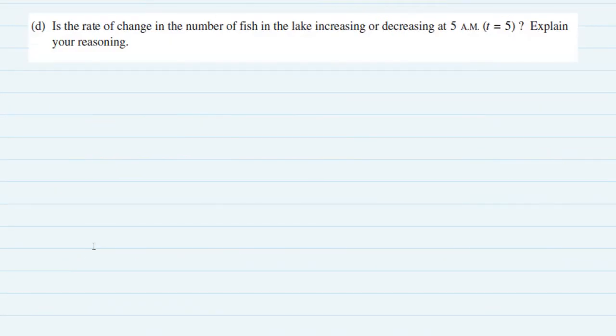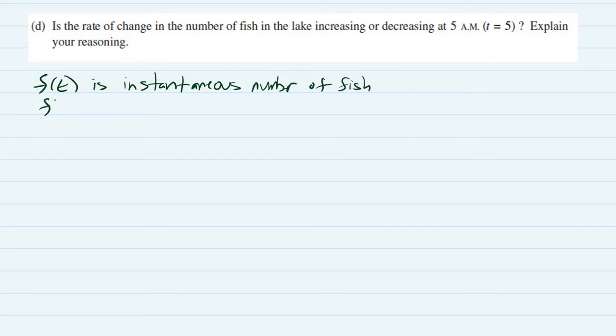Part D is asking us, is the rate of change in the number of fish in the lake increasing or decreasing at 5 a.m.? Explain your reasoning. Well, if f of t, as we defined it in the previous part, is the instantaneous number of fish in the lake, that would mean that f prime of t is the rate of change of the fish.